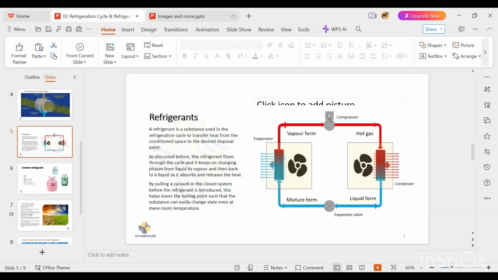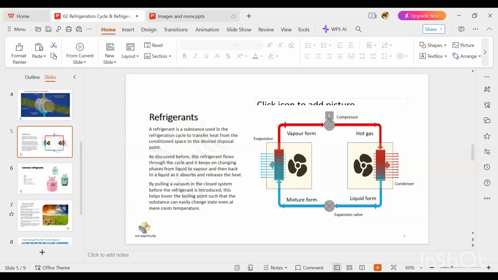So when we pull down to a total vacuum and then introduce a refrigerant into that system, the boiling point of this refrigerant will lower to the extent that even a mere kind of heat, like warm air in the room, will make it boil. Understand?